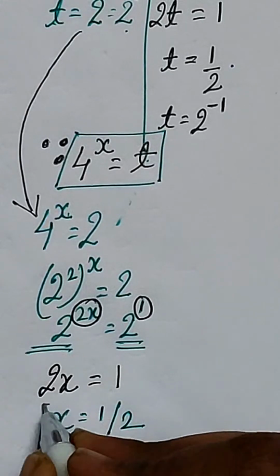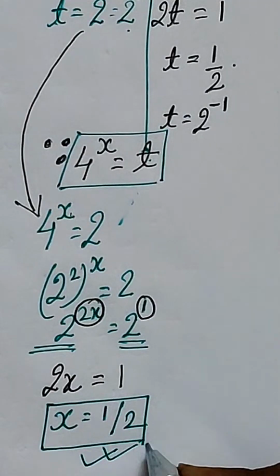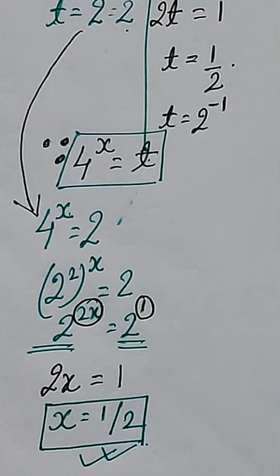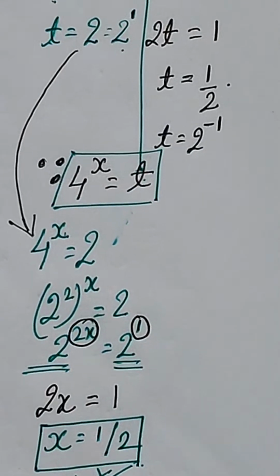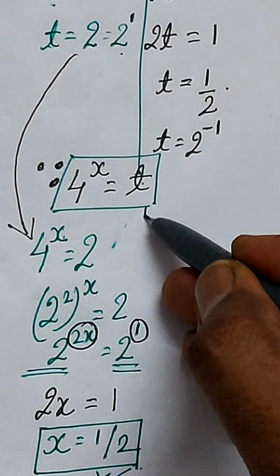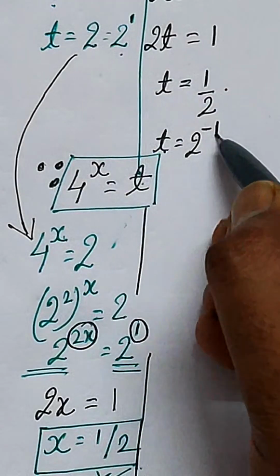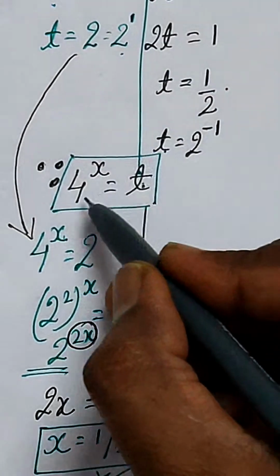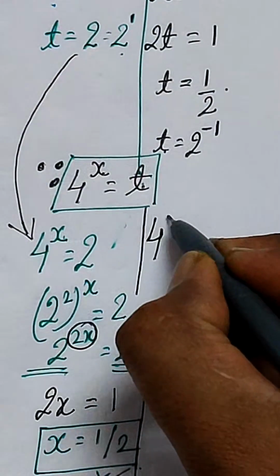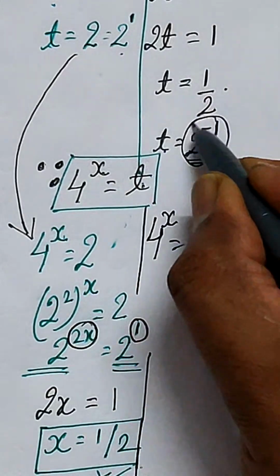Since this quadratic equation was formed, one value of x is calculated, 1 by 2. Now let us find the second value. From here, t equal to 2 power minus 1. Since t equal to 4 power x, here also we write 4 power x equal to the value of t, that is 2 power minus 1.